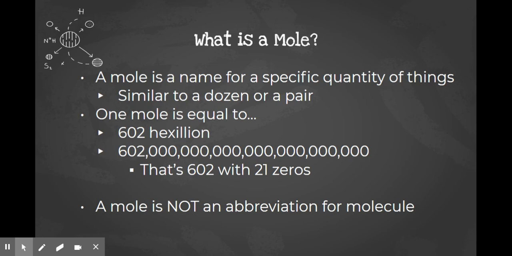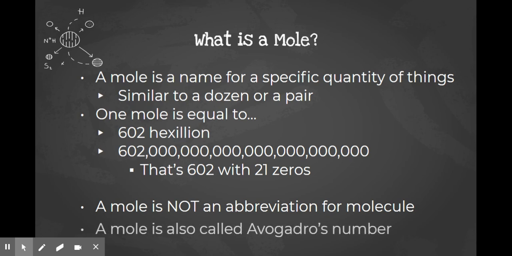One thing that a mole is not, it is not an abbreviation for molecule. It's spelled the same as the first 4 letters in the word molecule, but it is not an abbreviation for molecule. That is where a lot of people get confused. So just make sure that you remember that a mole is like a dozen or a pair. It names a specific quantity. It could be molecules, but it doesn't have to be, and is certainly not an abbreviation for that.